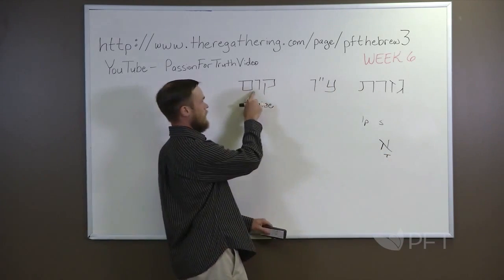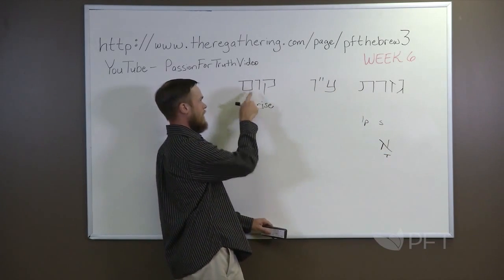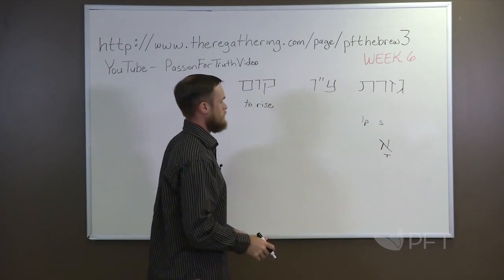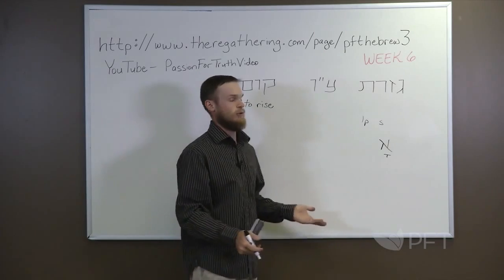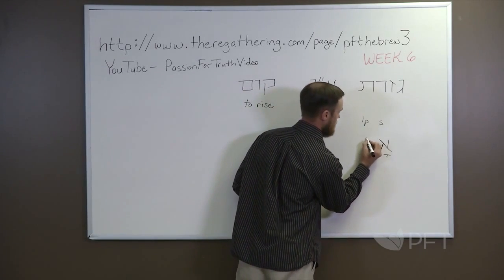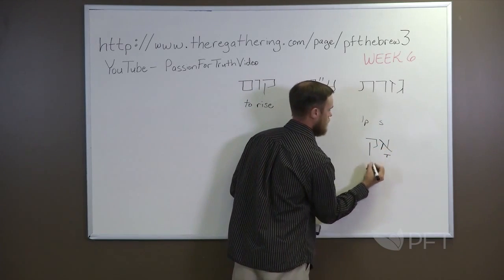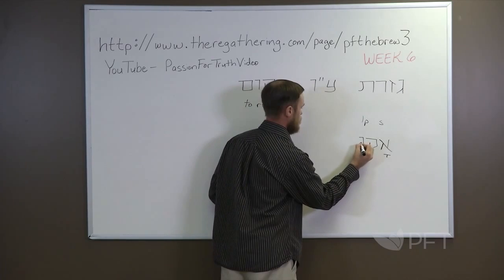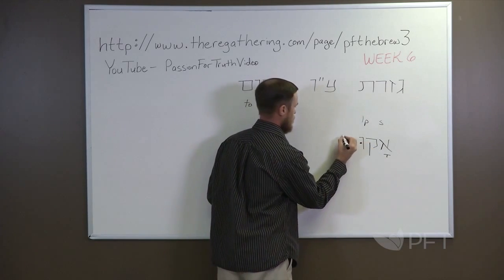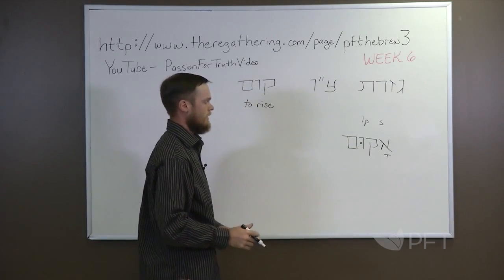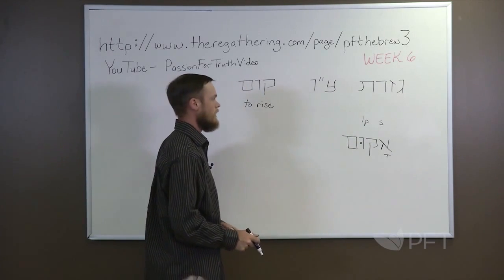All right, and then using our same kuf vav mem word. Okay, so this is future tense first person singular, so this would mean I will rise. What I'm about to write means I will rise. First radical, our vav returns, and it's vocalized with a shuruk. And then our third radical, mem. So akum, I will rise. All right.